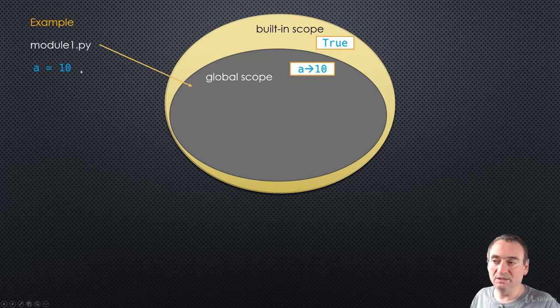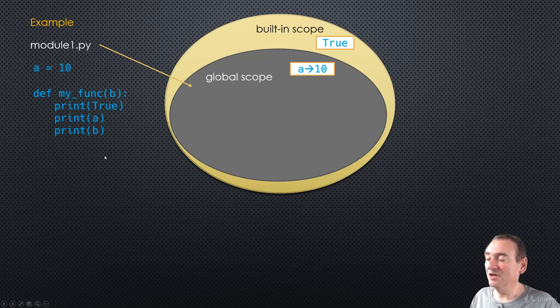Where am I going to create it? I'm in the module. I'm going to create it in the module scope. So it puts A and binds it to 10 in the global scope namespace. Now we define a function. Let's say def myfunc takes a single parameter called b, and then we have these 3 lines of code: print true, print A, print B.